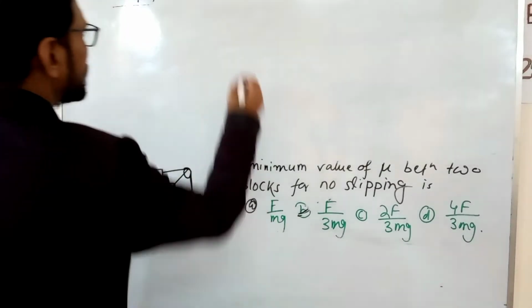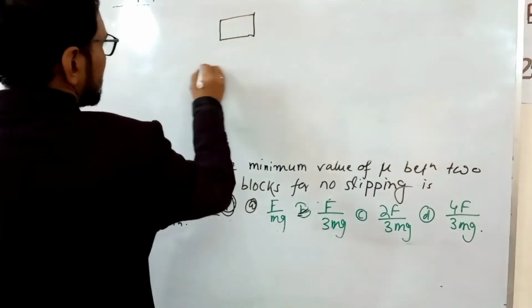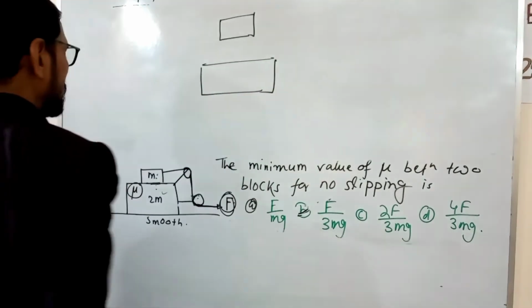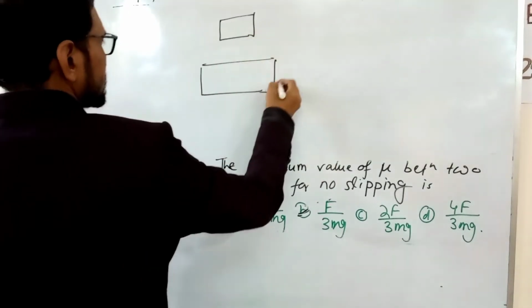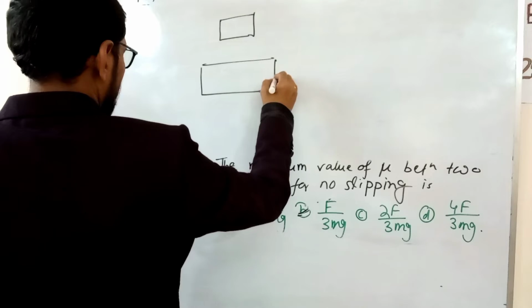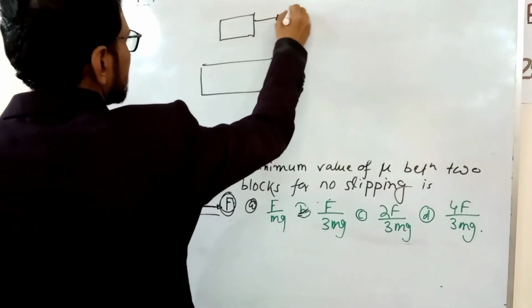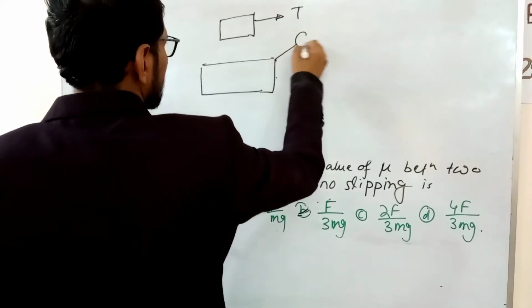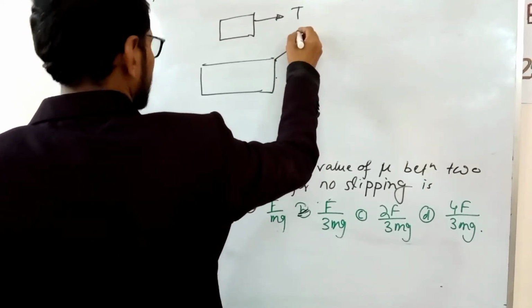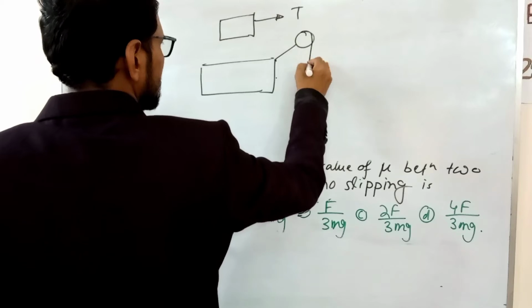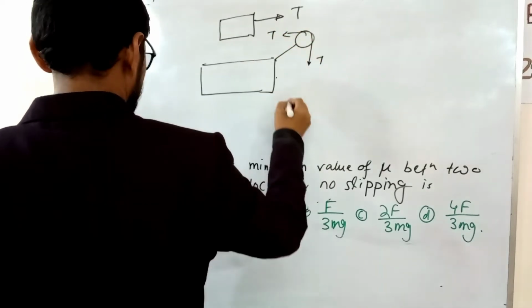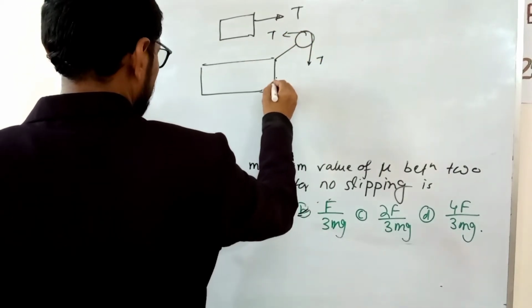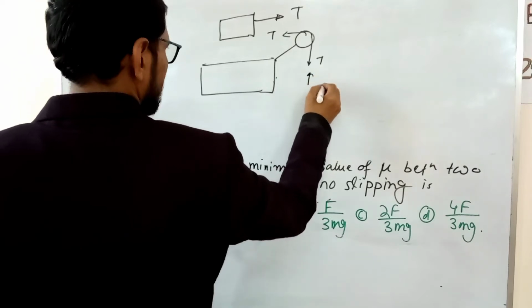Now if we draw the free body diagram, what are the different forces acting? The tension T acts in these directions.